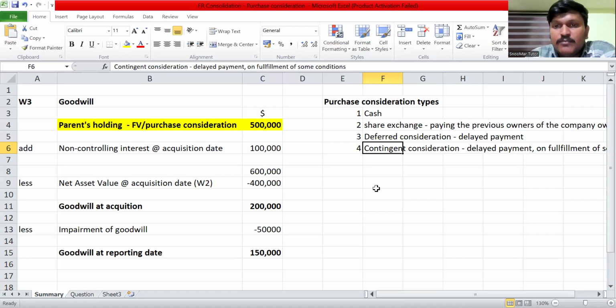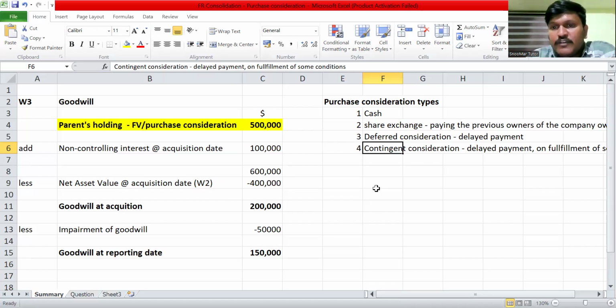Now coming to the purchase consideration types, or the parent's holding, there could be 4 types. One is cash, second is share exchange, third is deferred consideration, and fourth is contingent consideration.